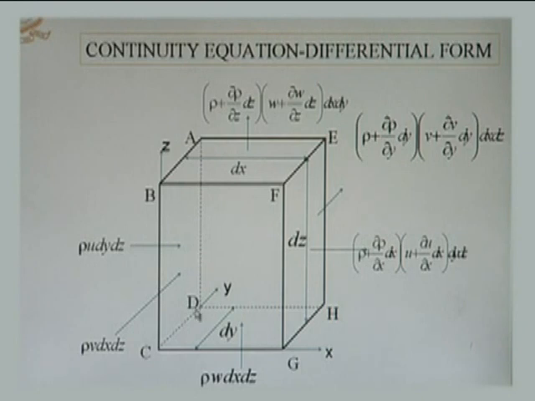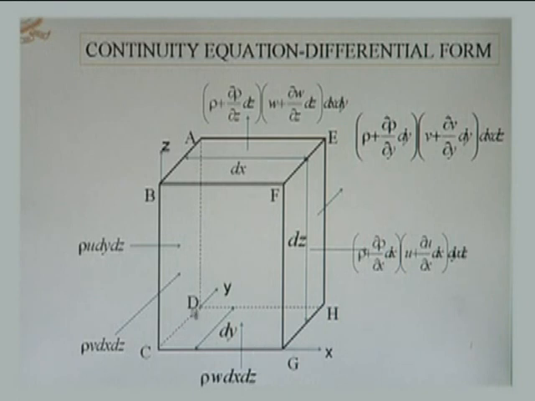We have a Cartesian coordinate framework with the x direction, the y direction and the z direction. In the fluid region we have a parallelepiped A, B, E, F and C, D, H, G. This is the chosen control volume in the fluid region.